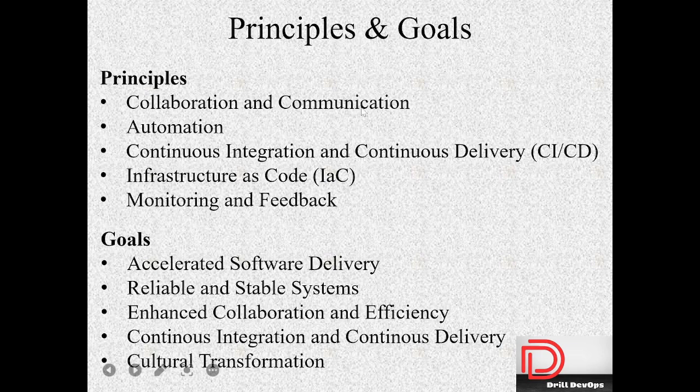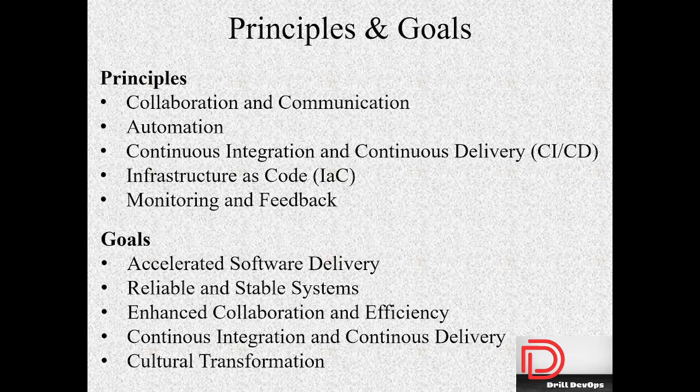So the first thing under principles is collaboration and communication. This emphasizes the collaboration between the teams involved in software or application development, like the development team, QA team, DevOps team, monitoring team, if there is any, or any database team.